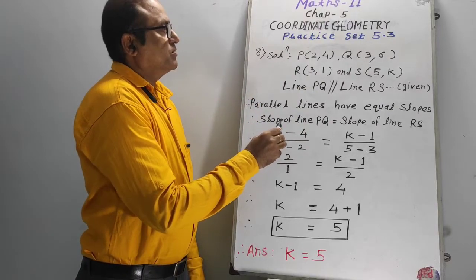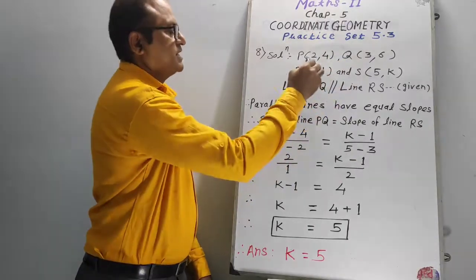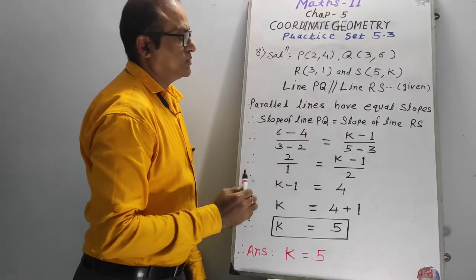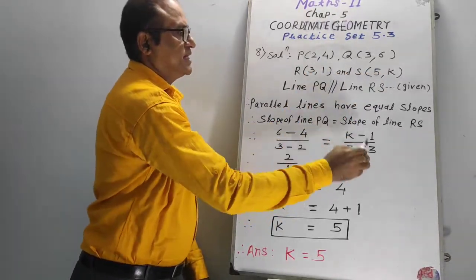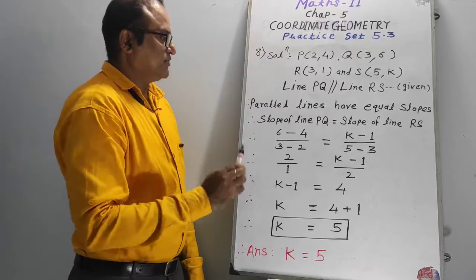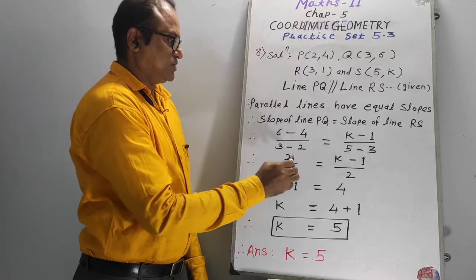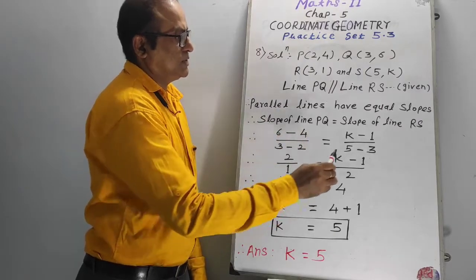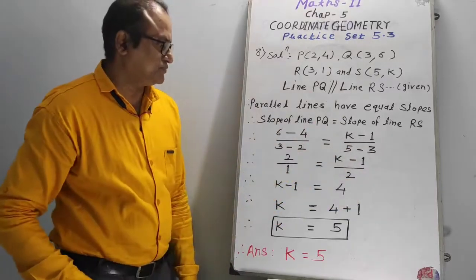Therefore, 6 minus 4 upon 3 minus 2 is equal to K minus 1 upon 5 minus 3. Therefore, 6 minus 4 is 2 upon 3 minus 2 is 1, is equal to K minus 1 upon 5 minus 3 is 2.